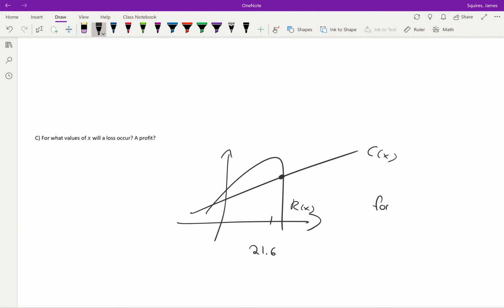So for all units greater than 21, C of x is greater than R of x and we will incur an economic loss. Alright, so that does it for today.